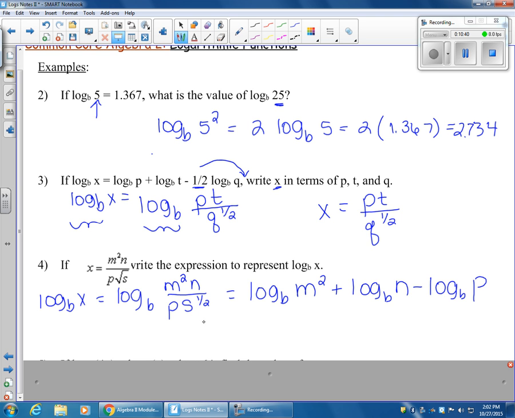So what you have to do is be very careful. Some people will argue that it's p times s to the 1/2 power, so I should have plus. But plus indicates multiplication, meaning that this would then be in the numerator. So even though p and s to the 1/2 power are being multiplied by each other, they're both being divided. So you could put a minus and a parenthesis, or just think that if it's in the denominator, it's division, so we're subtracting.